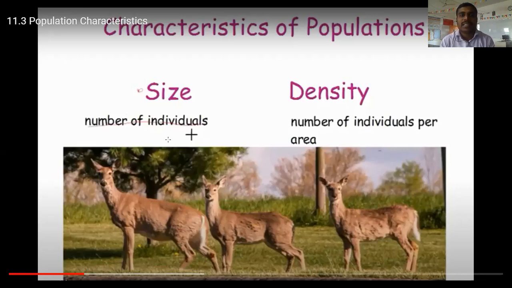Then the concept of growth rate. The population grows. It is a changing entity. Then we are interested not only in its size and composition, but also in the nature of its change, how the population changes.